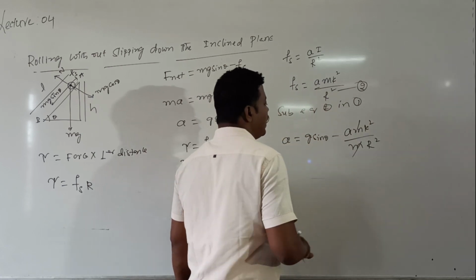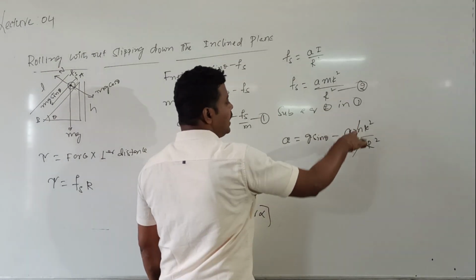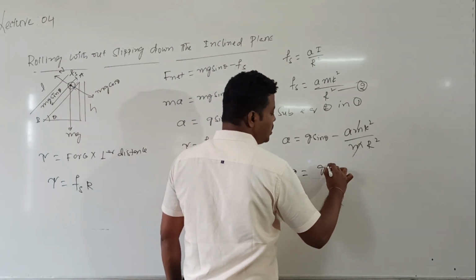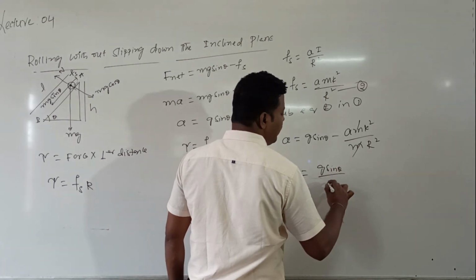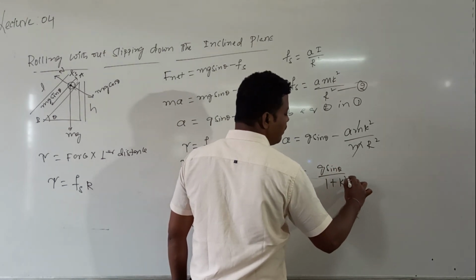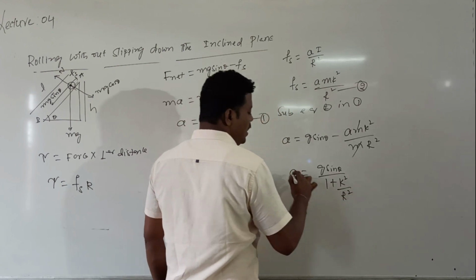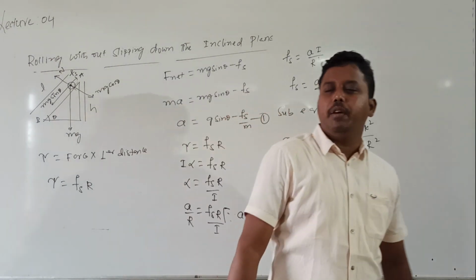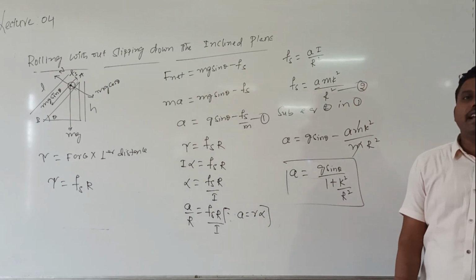M cancels. So can I set the a on this side? Then the final expression we get is a equal to g sin theta divided by 1 plus K square divided by R square. This is the expression for acceleration. Acceleration of what? A body sliding down from the inclined plane.